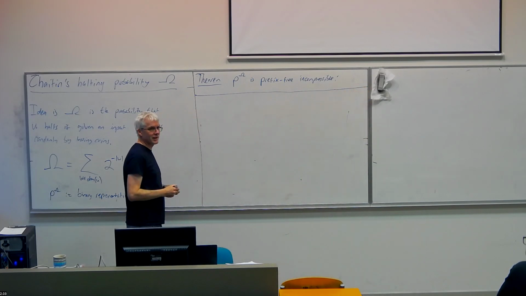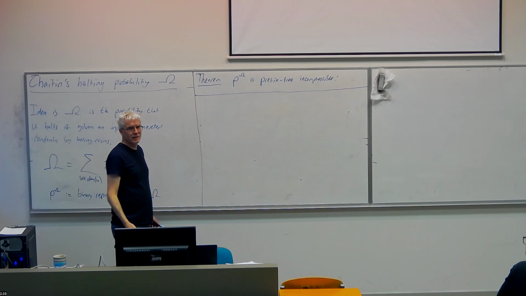Roughly speaking, this says if we want to know a prefix of length n of omega, we basically need to know all the bits.